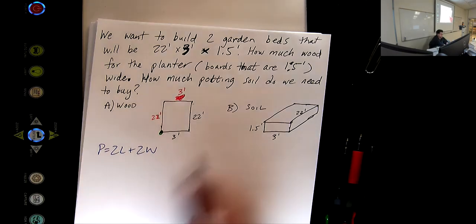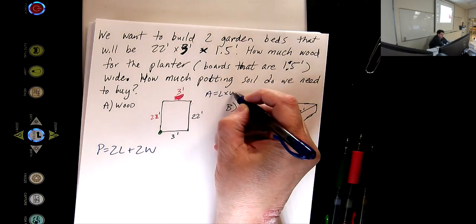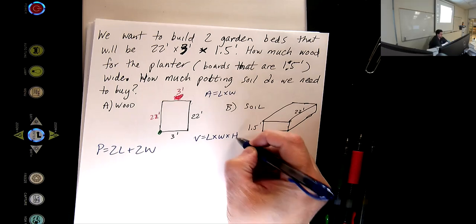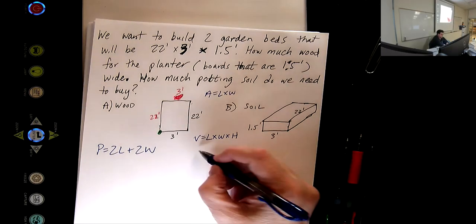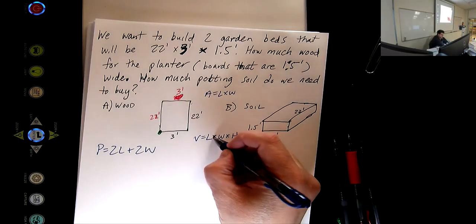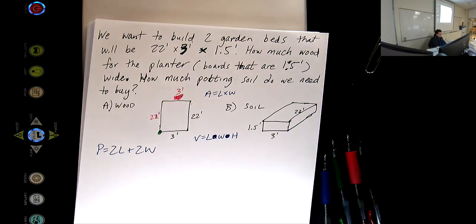Area is length times width. Volume is length times width times height. You just multiply them all out. And I don't like using X's, I'm going to use dots, because a lot of times you might want to use X as a variable.